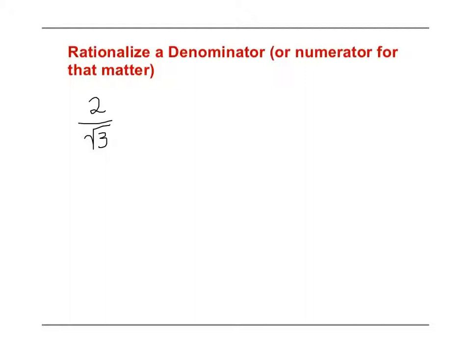So in order to rationalize a denominator or a numerator, doesn't matter which, what you're trying to do is write the fraction without the square root in the denominator. So the goal then is going to be no square root in the denominator.